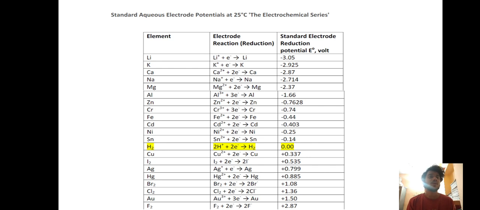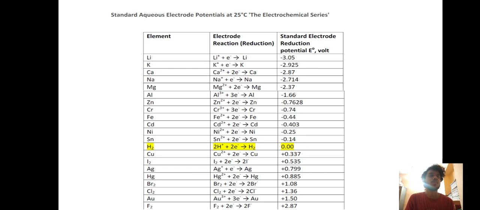The electrochemical series. Elements, electrode reactions, reduction, standard electrode potential. Lithium, Li plus e minus gives Li, standard electrode reduction potential is minus 3.05.